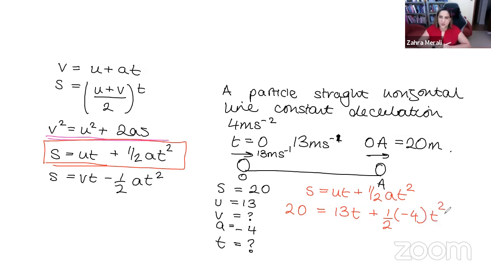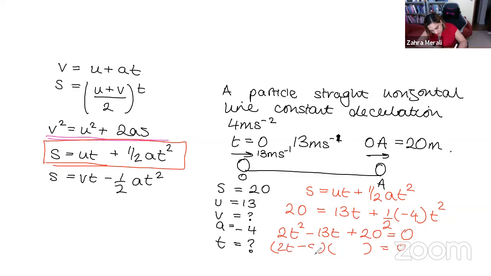Now, do you notice the squared? It means we're going to end up with a quadratic. So we're going to clean that up, and the quadratic we get is 2T squared minus 13T plus 20. You can plug that into your calculator, or you can factorize it. 2T minus 5, T minus 4, and you get T equals 2.5 or 4.